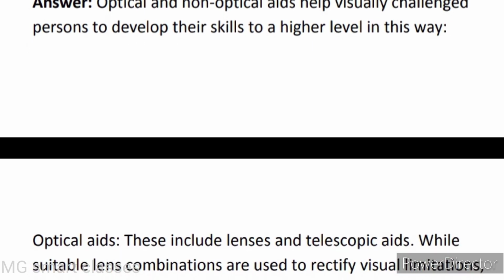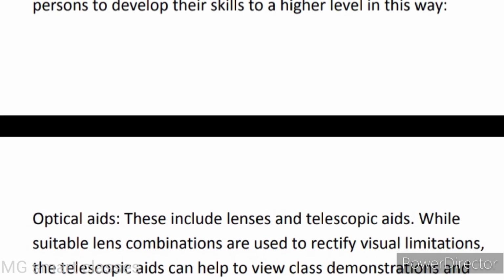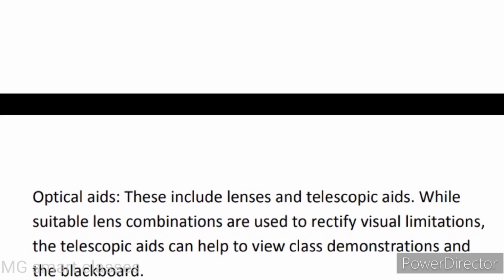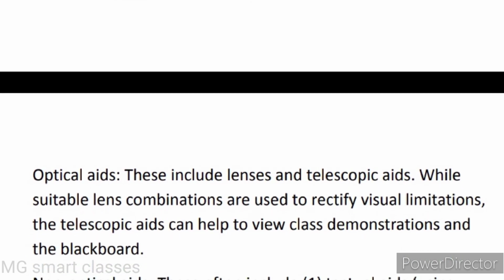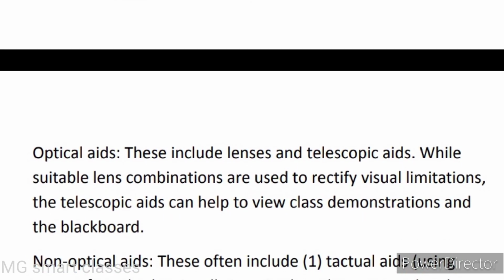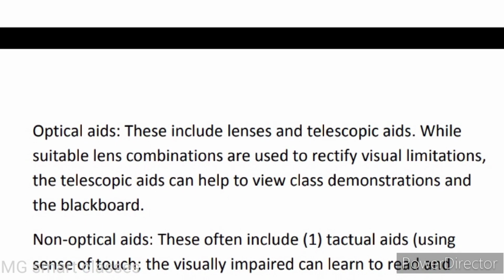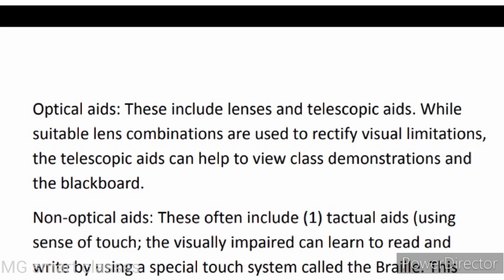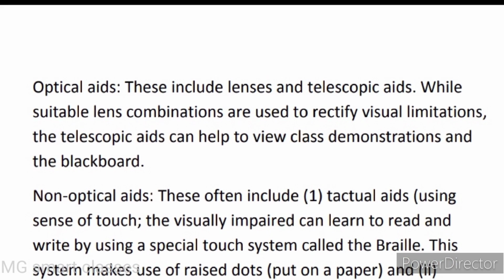Optical aids. These include lenses and telescopic aids. While suitable lens combinations are used to rectify visual limitations, telescopic aids can help to view class demonstrations and the blackboard. Non-optical aids. These often include tactile aids.